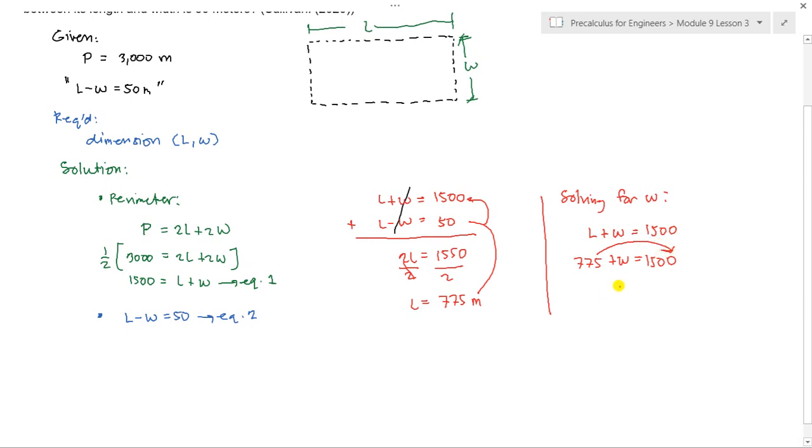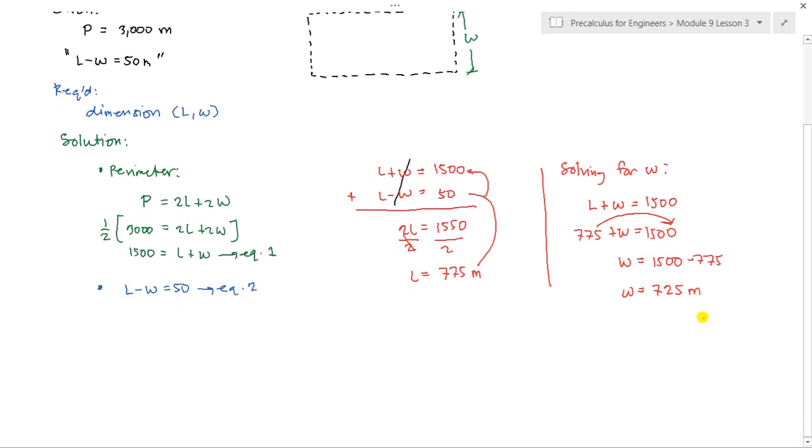Transposing on the other side, so we have here W is equals to 1,500 minus 775. Our width is, so 1,500 minus 775, that is 725. So mas dako gyud si length, 725 meters.